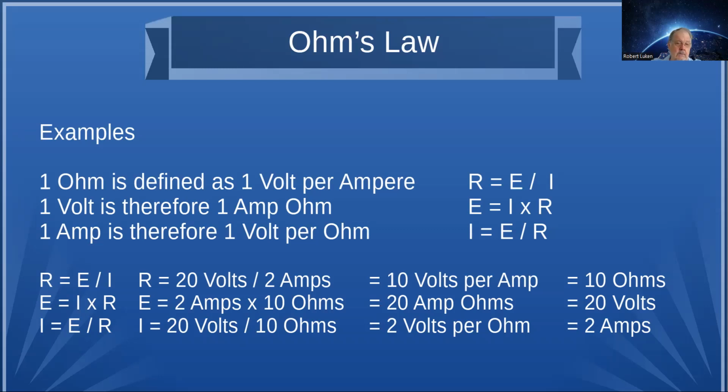And the third one, we have another 20 volts applied to a 10 ohm resistor, and it's going to give us 2 volts per ohm or 2 amps of current flow. So these are all really simple. These are the kind of questions you'll see on the technician exam.